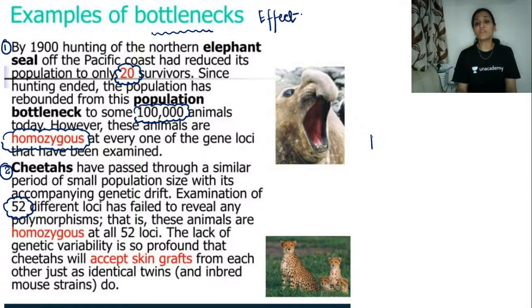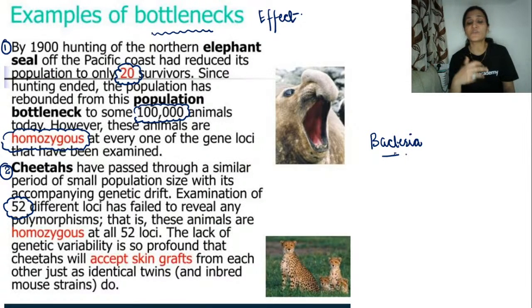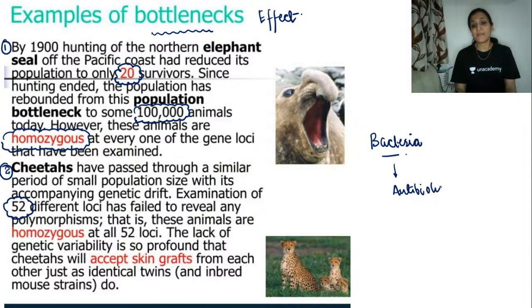Now talking about the bacteria, whenever a person suffers from some kind of bacterial infection and goes to the doctor, they prescribe antibiotics, right? So what happens is the bacteria which are pathogenic to humans will be wiped out by the usage of this antibiotic, right?